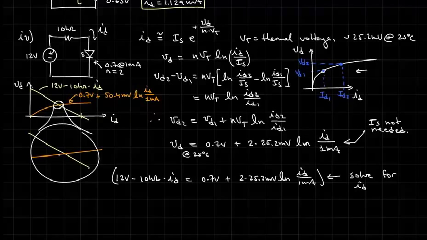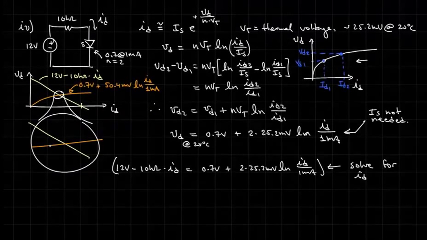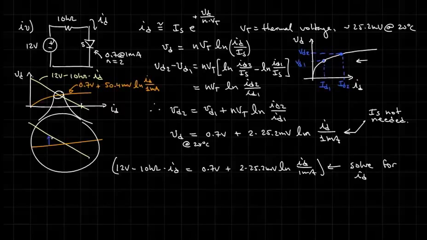Now we can do that graphically, or you can use your favorite computer program. I just want to point out, if we do this iteratively, if we go, let's say, clockwise, and we use current to calculate the load line, we get a voltage from the load line, and we project that voltage over to the diode curve, and from that voltage and the diode equation we calculate the current that corresponds to, and that would intersect the load line.